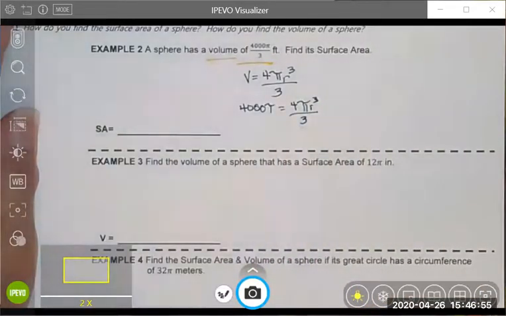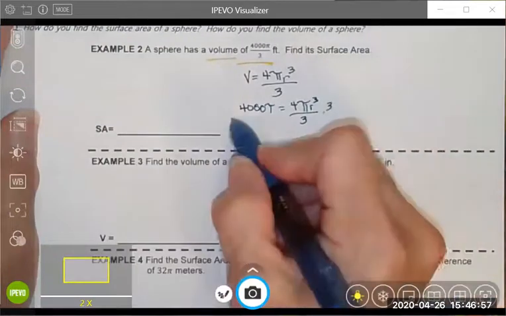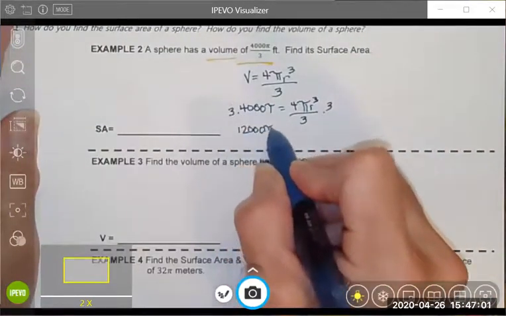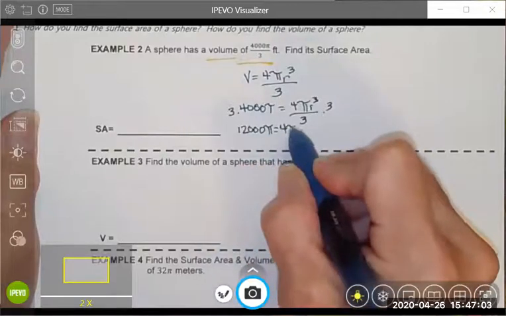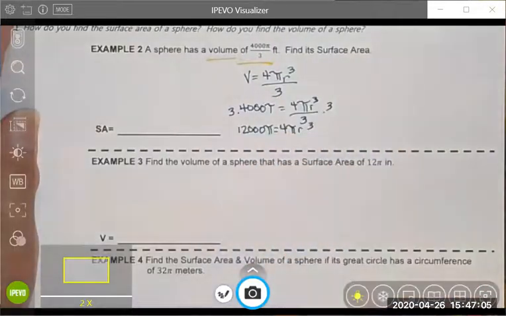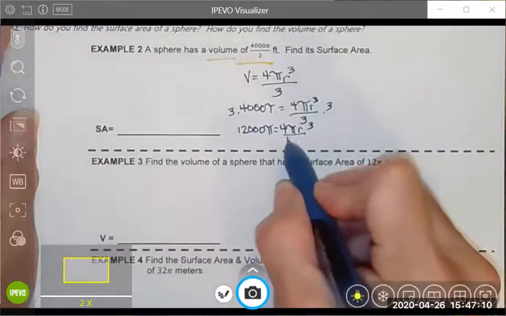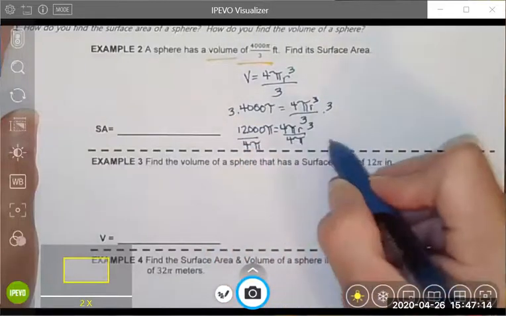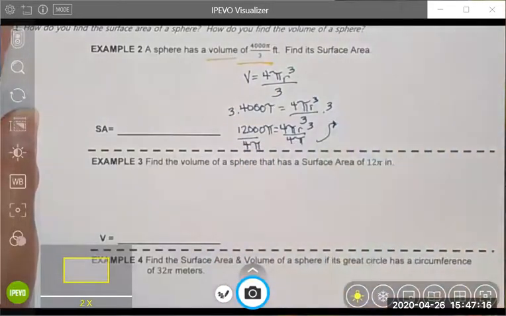I'm going to multiply both sides by 3 to get rid of that denominator. And now I can simplify by dividing both sides by 4 pi.